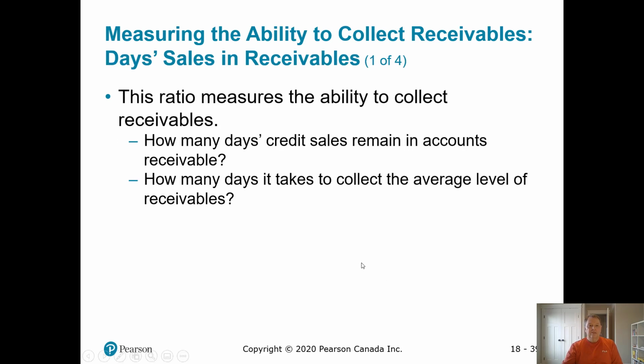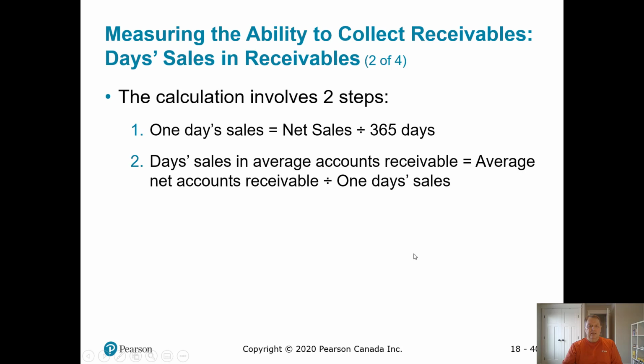Now, when we get to days sales in receivables, this is really going to tell us how long it takes to collect our sales. And we measure that in terms of days, for these receivables. So the calculation, first of all, says, well, what's 1 day's sales?